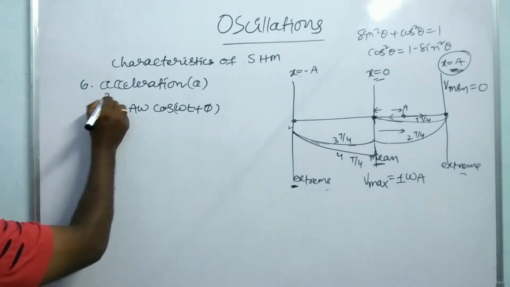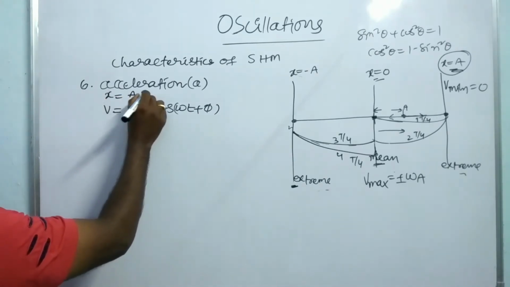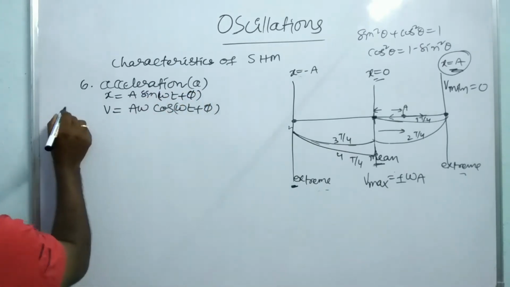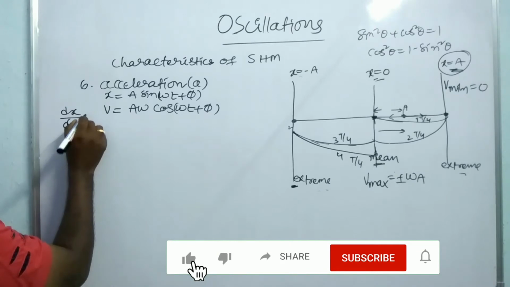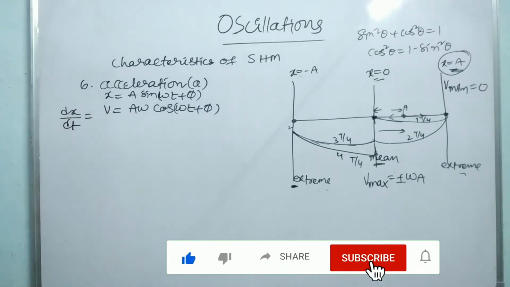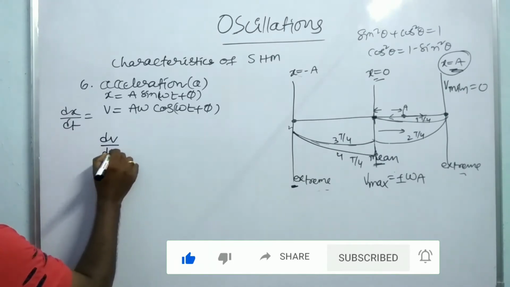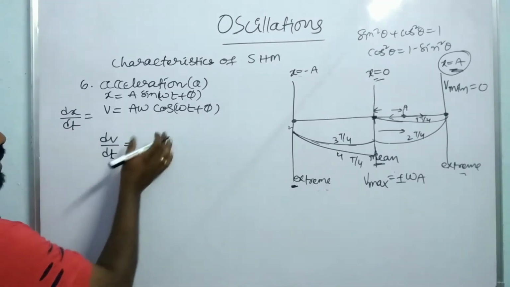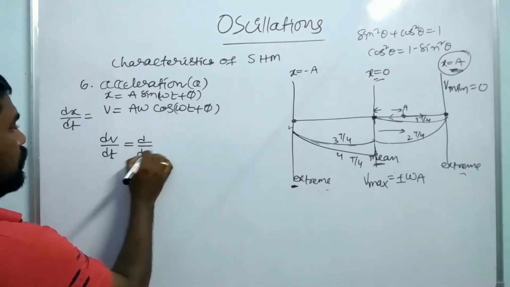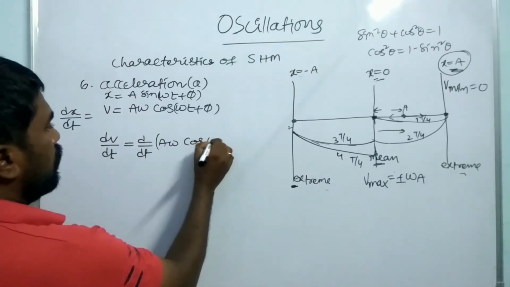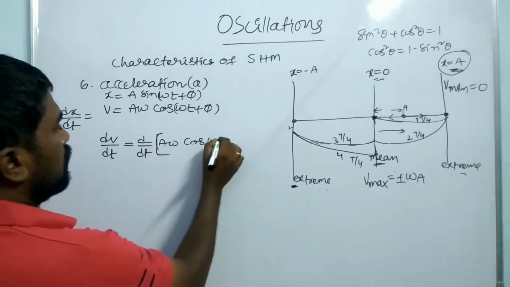Because x is equal to A sin omega t plus phi. From this we derivate dx by dt, then you can get the v. Okay, so now with respect to time you have to derivate the above equation, then d by dt of A omega cos omega t plus phi.